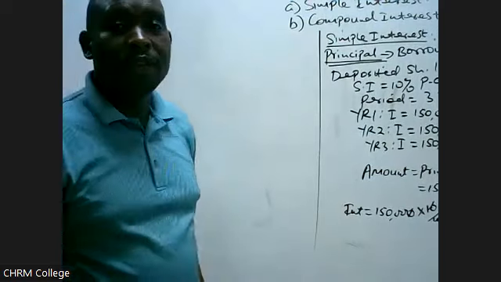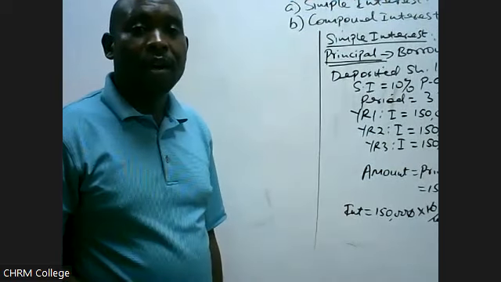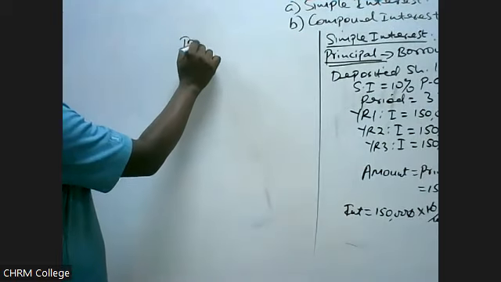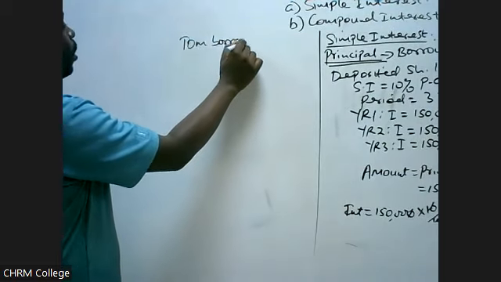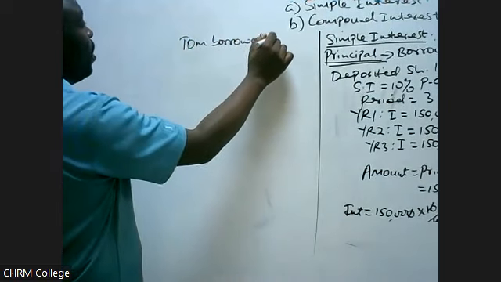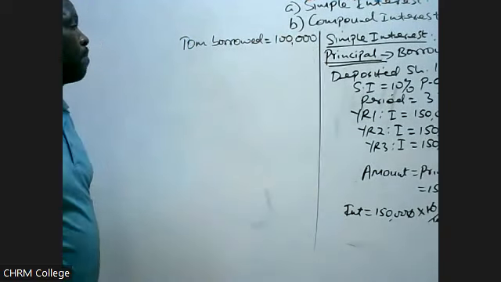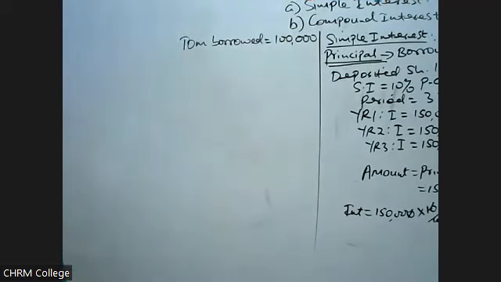We can have another illustration. Maybe Tom borrowed, let us put it simple, 100,000 shillings.